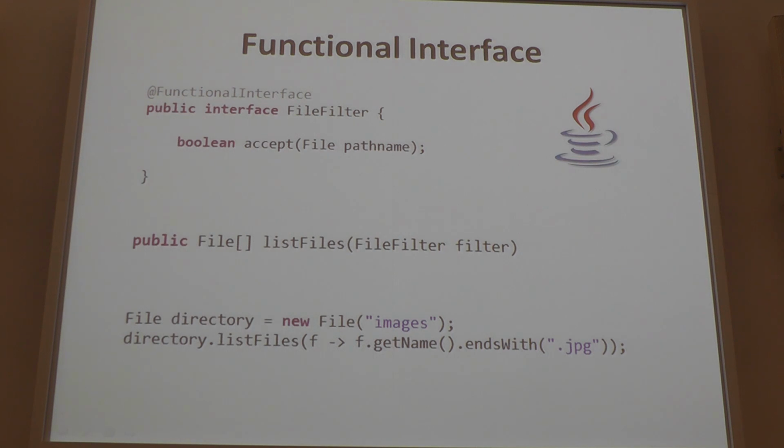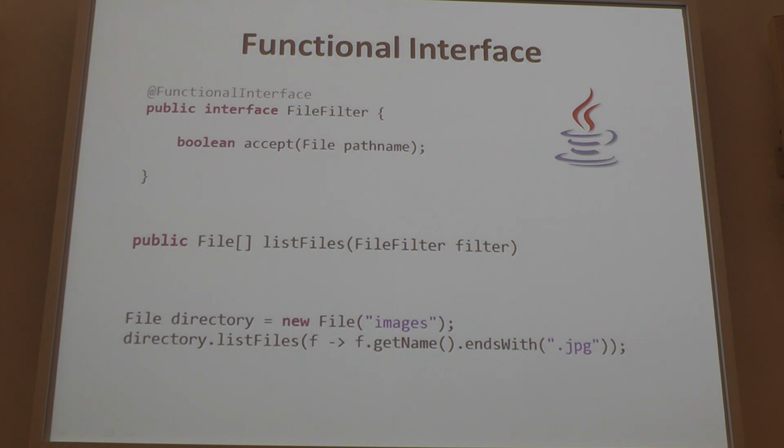Instead of creating a subclass of FileFilter, typically in Java 7 and older Java versions, you would use an anonymous inner class at this point where you would define your instance of FileFilter, but now you can use a lambda expression. So we have a java.io.File, we call the listFiles method, and we pass a lambda expression here. It's a function that takes one parameter f, and it calls getName().endsWith("jpeg").